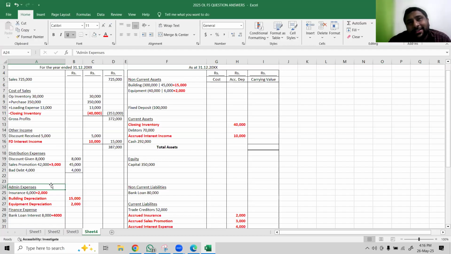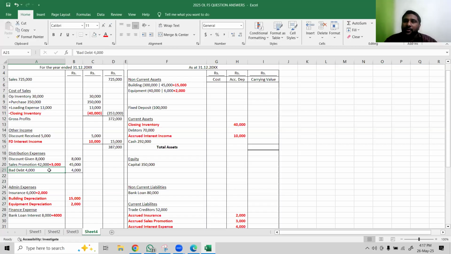There are certain students who have tiny problems. Here we have the bad debt. They will go and write this bad debt again under the debtor reduction. Understand? If you are taking a value from the trial balance, you have to write it in only one place.